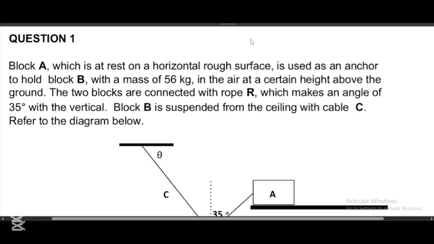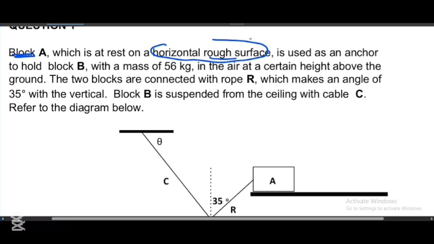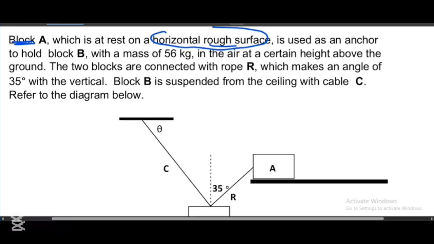We're given block A, which is at rest on a horizontal rough surface, and this object is used as an anchor to hold block B, right? Hence it's not moving, and it's used as an anchor to hold block B with a mass of 56 kgs.